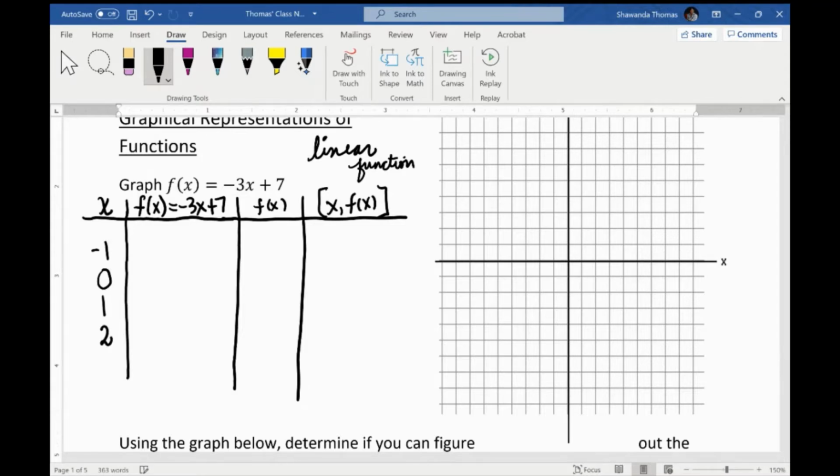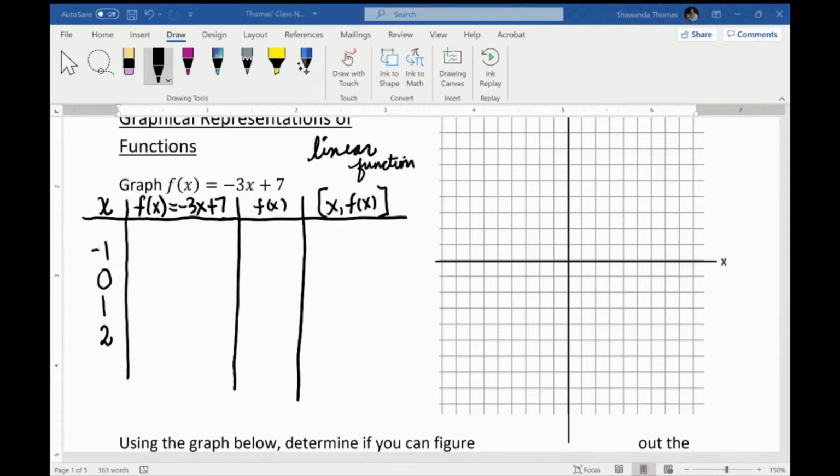Technically, since we already know it's just a line, how many points do we need to draw a line? 2. We only really need 2, but I'm doing some extra ones just to make sure we got it.